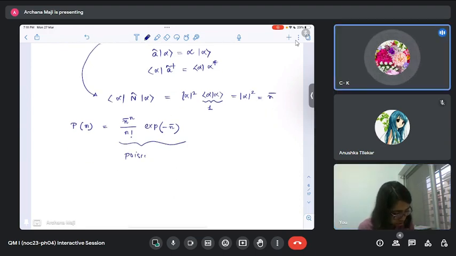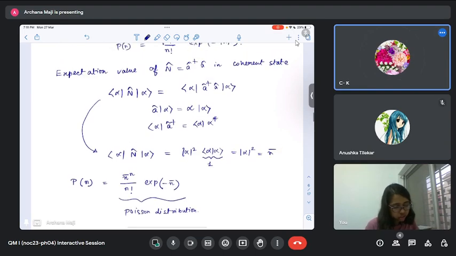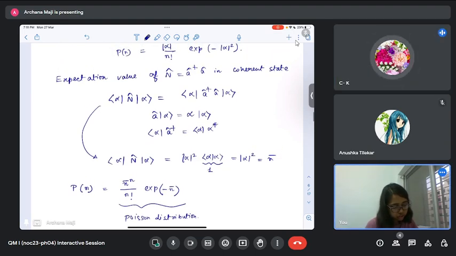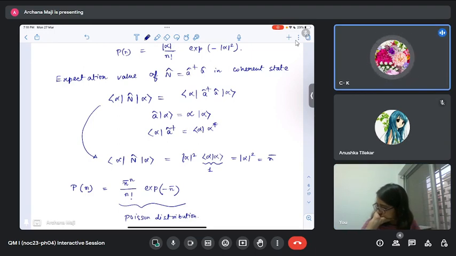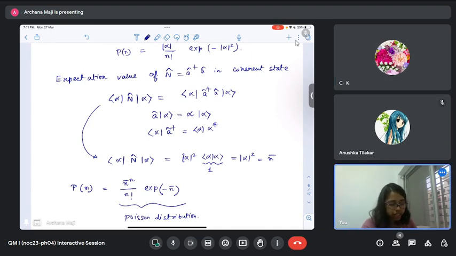So before the Poisson distribution, madam, where from the n bar are we getting this Poisson distribution? Just 1 minute. Yes, say that again. I am telling that n bar is nothing but the expectation value of the number operator in the coherent state. That is what n bar is, right?